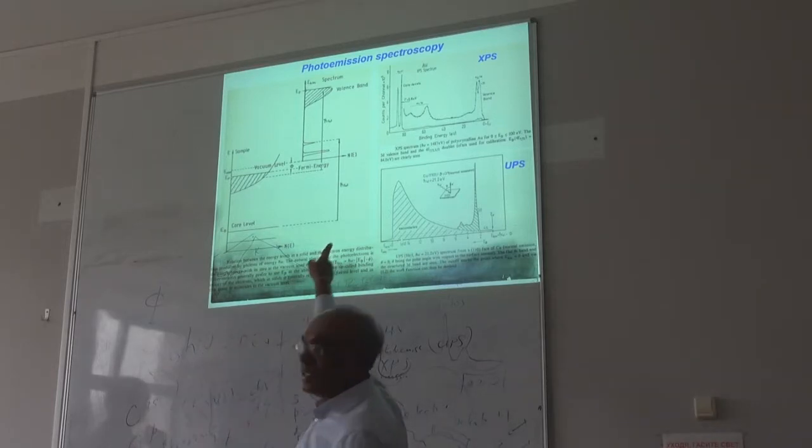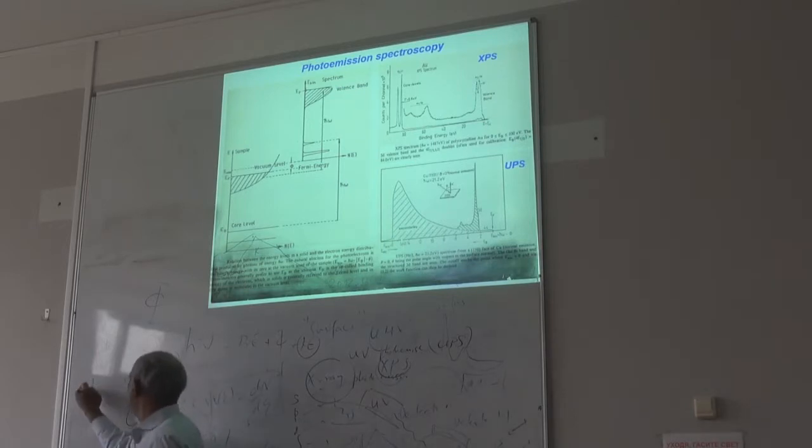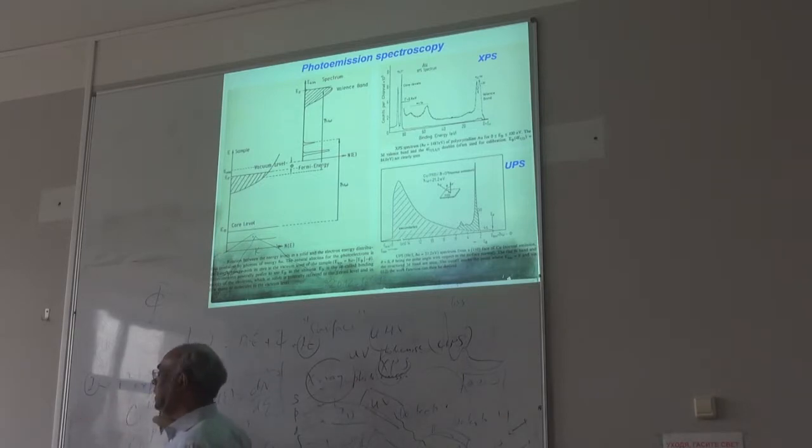One is UPS, the other one is thermionic emission. Remember, when you have thermionic emission, the thermionic current goes something like this, exponential of minus phi over kT. If you measure your thermionic current for different T, you can measure phi.